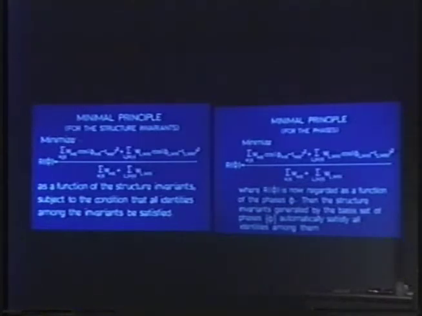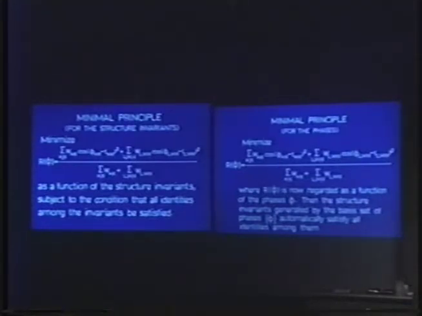And that's why we have a sum of squares of residuals here. We are not prepared to accept as the true value of any cosine invariant its expected value. We're not trying to do that. All we're saying is we want the true cosines of the invariants to differ from their expected values in the smallest possible way, subject to satisfying the identities which must hold among the structure invariants.